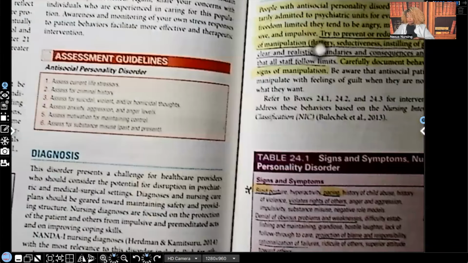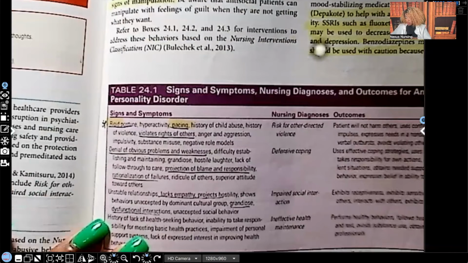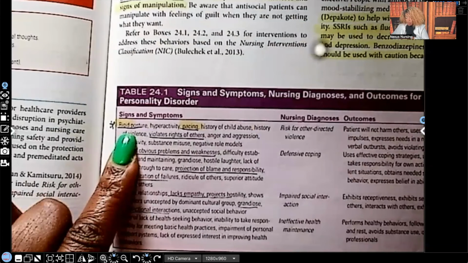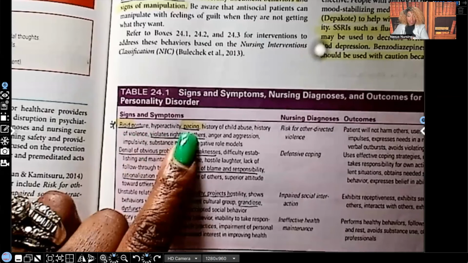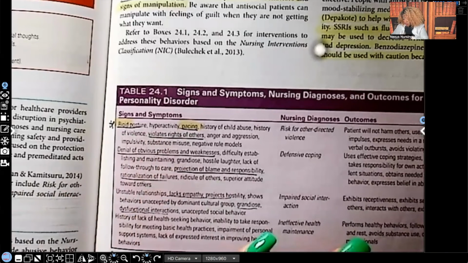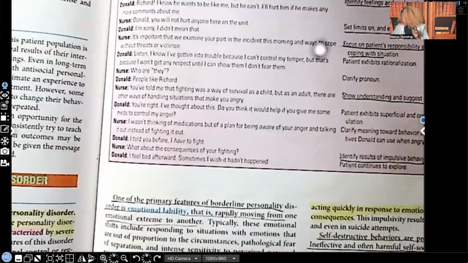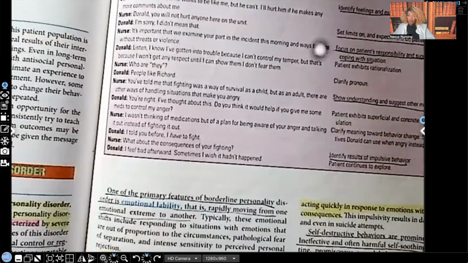Right here. Them having a rigid posture, hyperactivity, them pacing, that's a big one. All right, let's keep going.